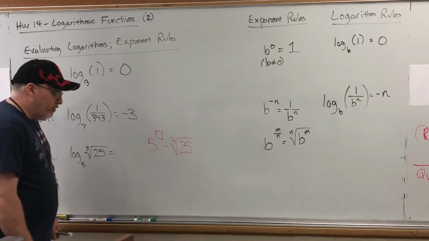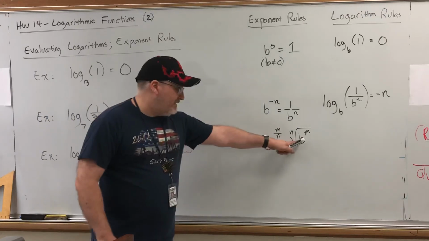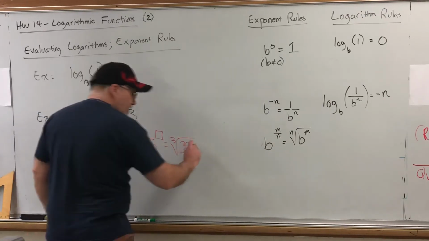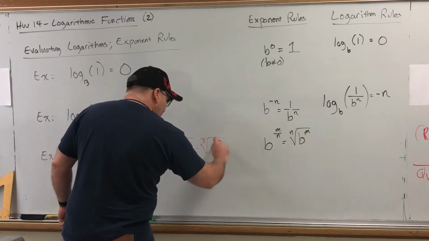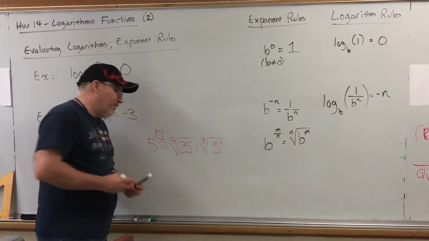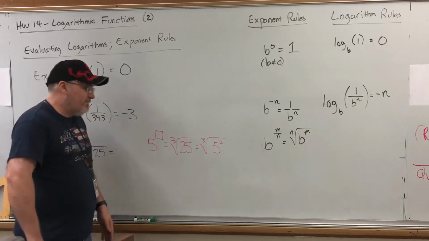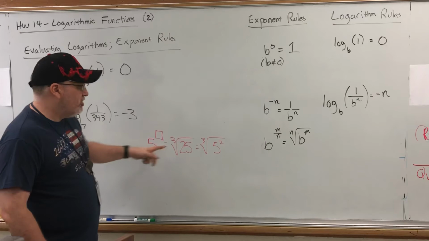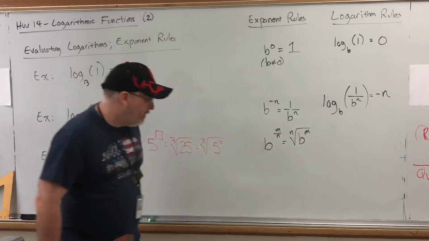Now the problem that I'm running into is that I'm looking for the base inside of here and I don't currently see it, but I know that 25 is 5 squared, and you probably do too. There's no probably, you know that 25 is 5 squared. What's not obvious is that you need to change it to 5 squared here in order to make these bases match so we can take advantage of this rule.